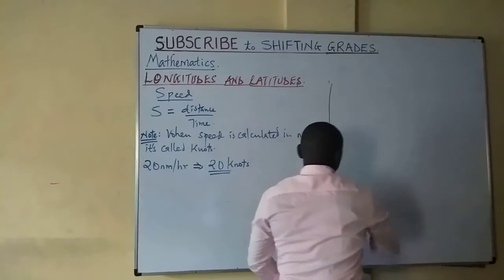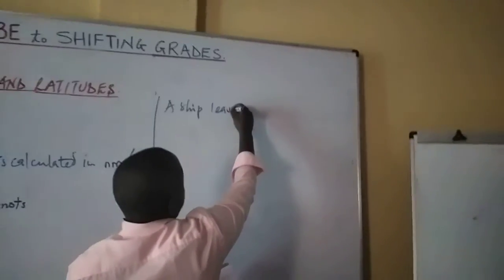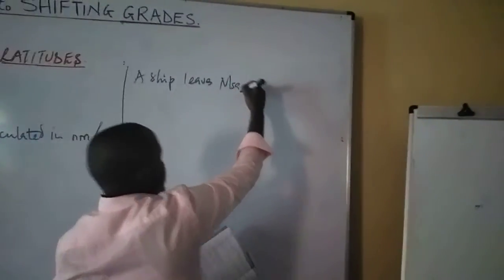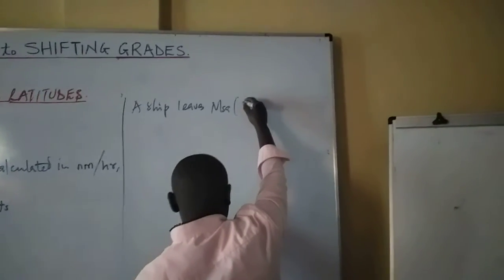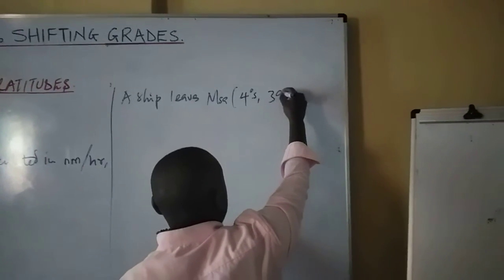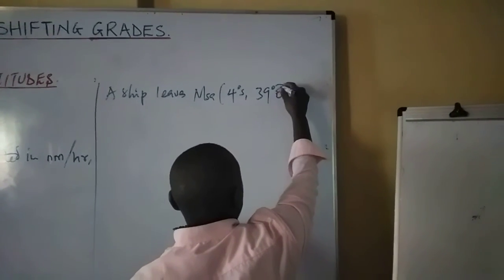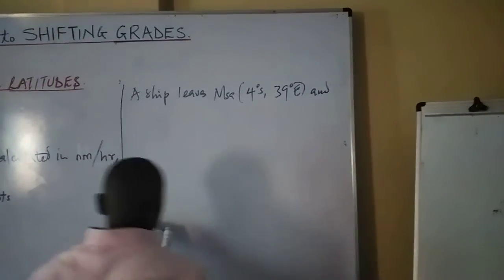A ship leaves Mombasa. Mombasa is 4 degrees south, 39 degrees east, and sails due east.